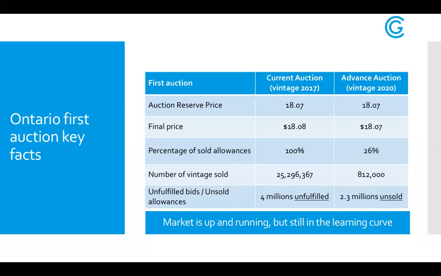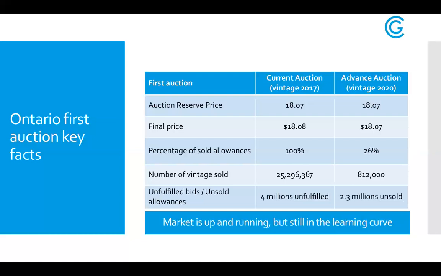And the fact that only 26% of all the 2020 vintages were sold clearly demonstrate that some or most of the organization didn't see that opportunity for them to place a bid in the advance auction and benefit from that opportunity to purchase allowances at the exact same price, or in that case, 1 cent below the current auction price, and avoid being left with a shortage of allowances.